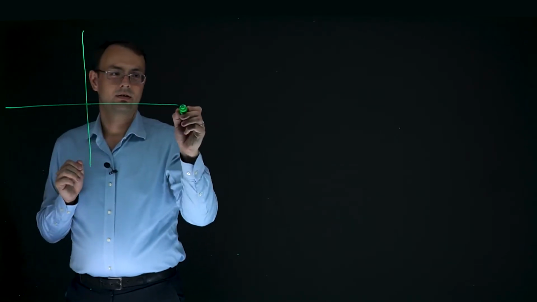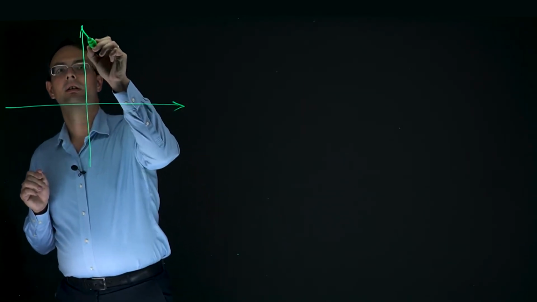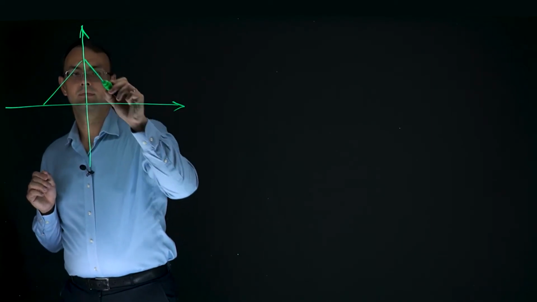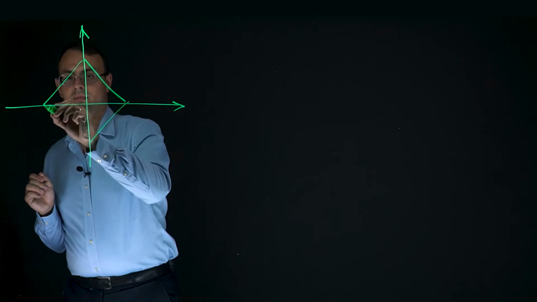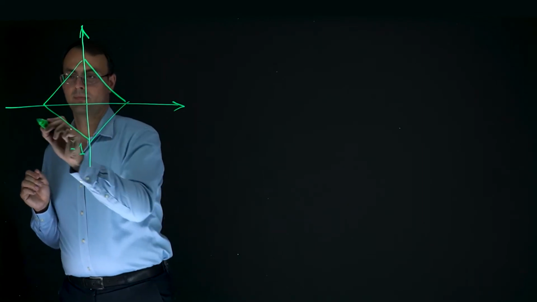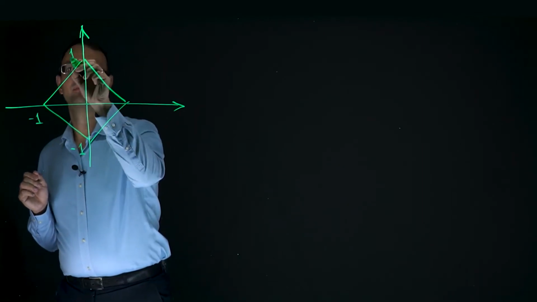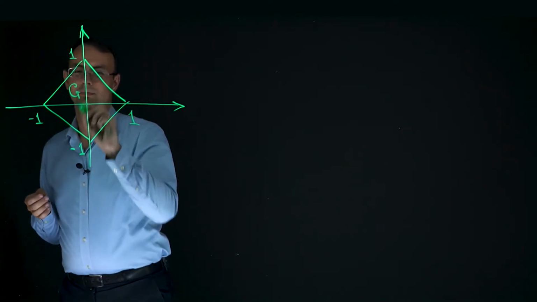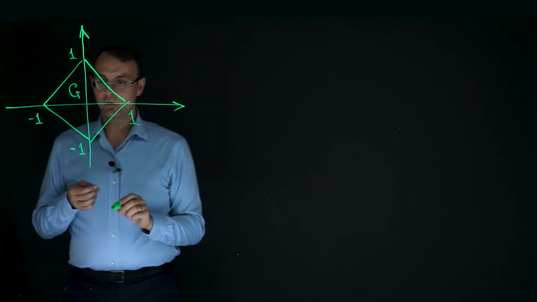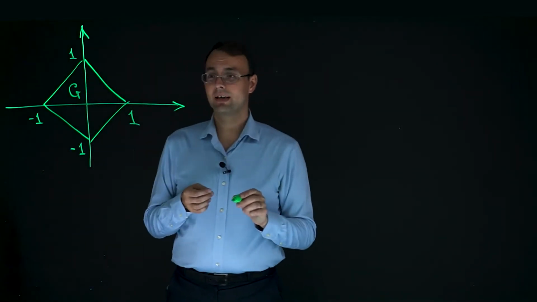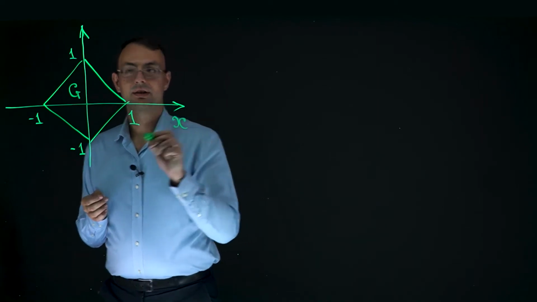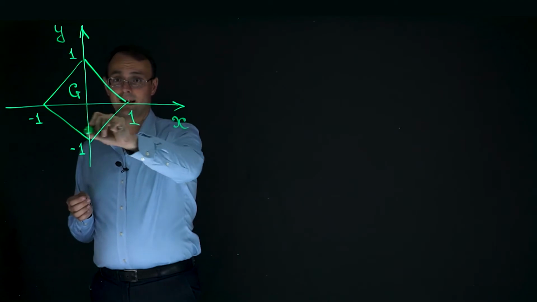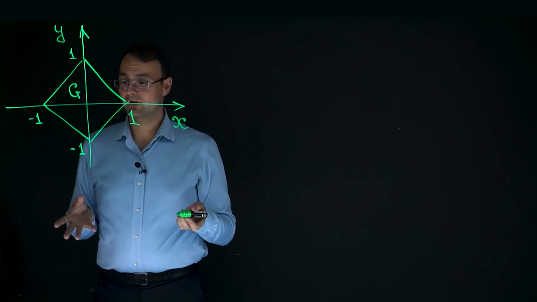We have a set, let it be G. And the joint PDF of x and y is equal to a constant inside G and to 0 outside of it.